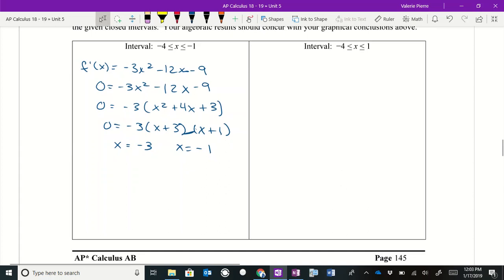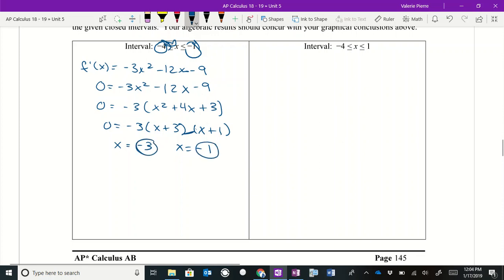Okay. So as we know, absolute extrema can occur at the endpoints, which are -4 and -1, and at our horizontal tangents, which are -3 and -1.